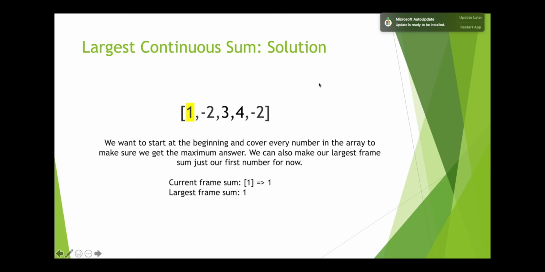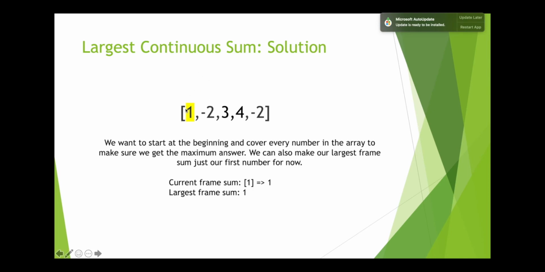We also want to start at the beginning so that we cover every single number in our array. Since we're starting at our initial value, you can either start your largest sum at negative infinity, so it always gets replaced, or you can just start it at the first number in the array.